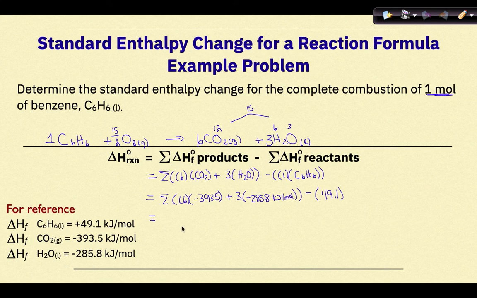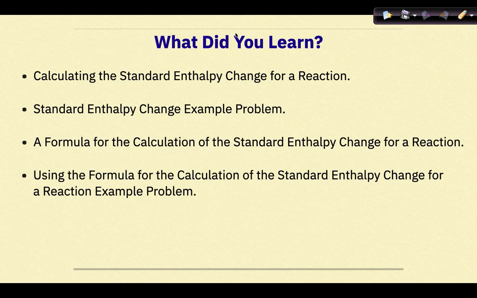And if I do that, the answer that I get is negative 3,267.5 kilojoules per 1 mole of benzene. And that number is going to equal my heat of reaction at standard state for the combustion of 1 mole of benzene.